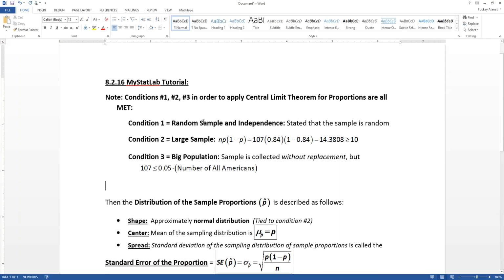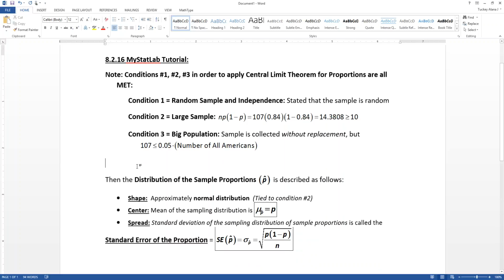All right, now that we've met those three conditions, that means that we can apply the central limit theorem for sampling proportions, which means we need to know the shape, and we know that it's normal because the conditions above are met. Then we need to know the center and the spread. Now the center is mu p hat, which would be equal to p.